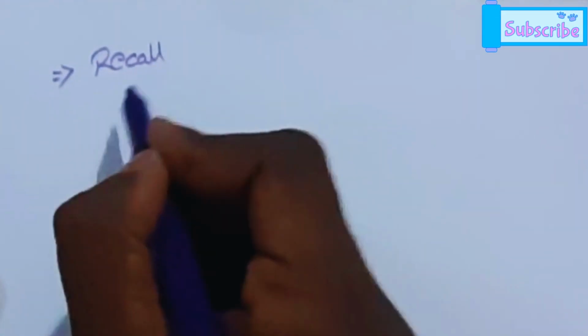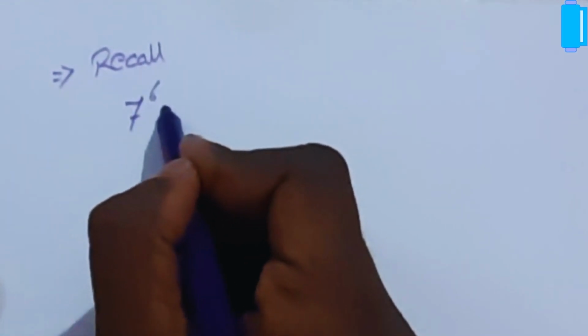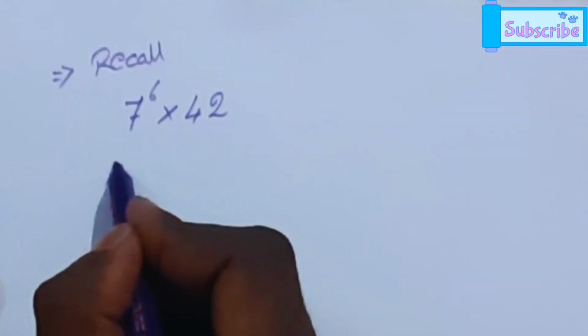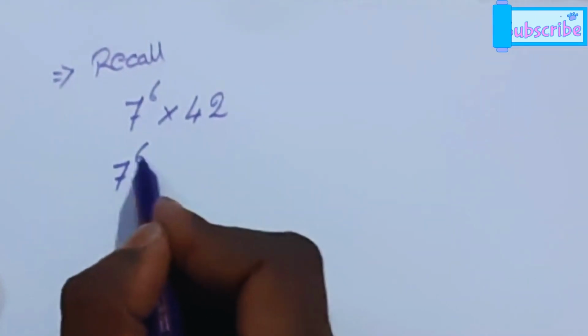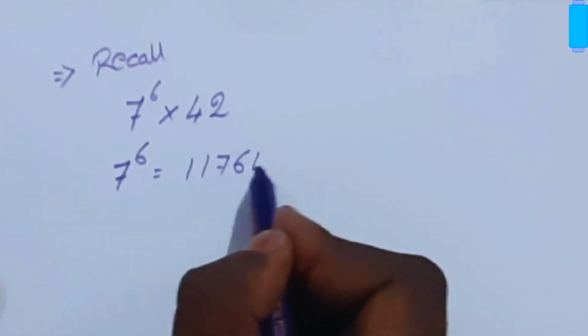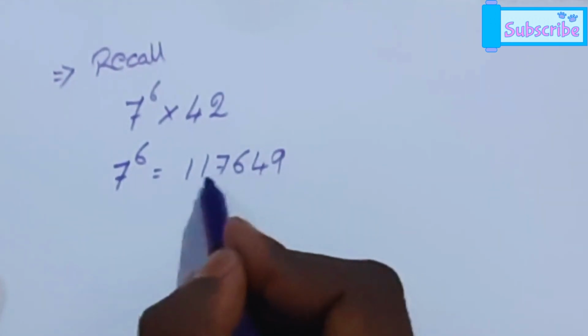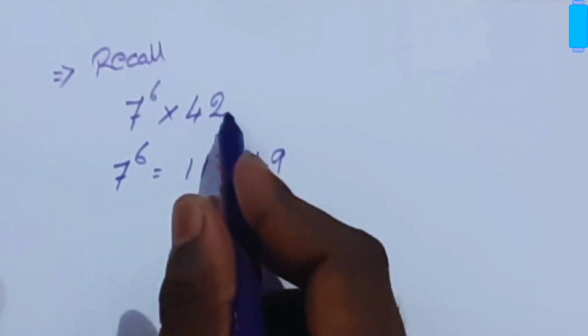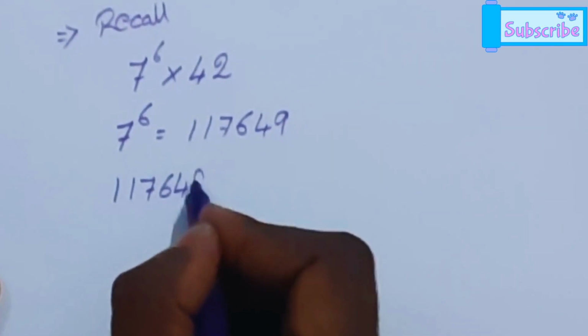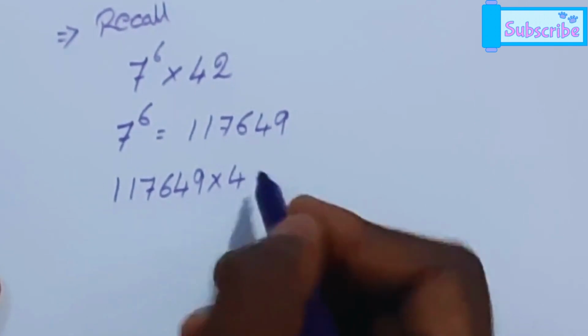Now just recall this. Recall 7 to the power of 6 times 42. Now we found that 7 to the power of 6 equal to 117,649. We are going to multiply with this 42.